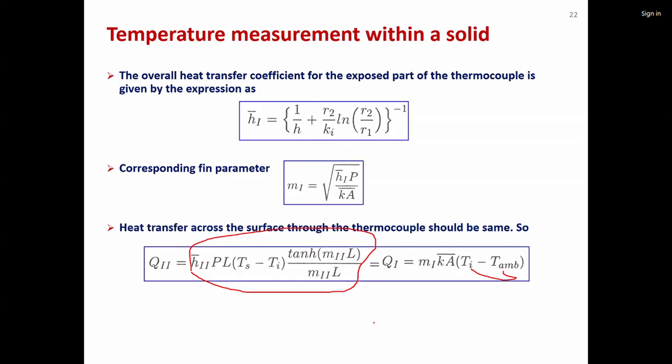And what you should note is that this is the solid temperature, and this is the interface temperature. All other parameters you already know.